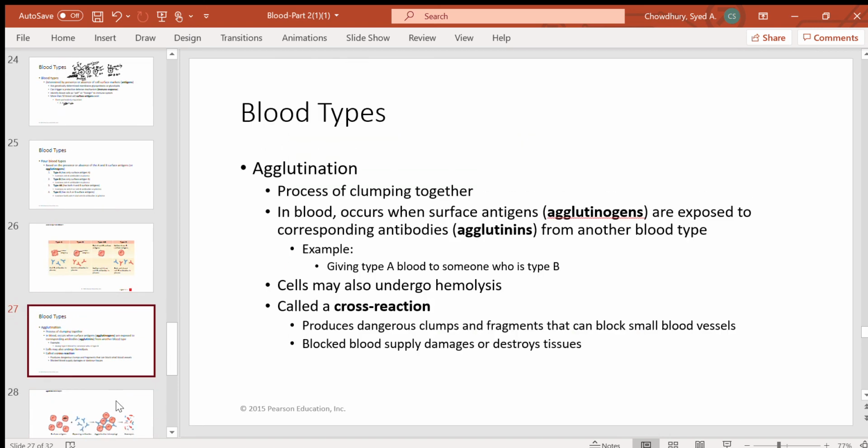So now just remember mismatched blood transfusion, why that is a problem. When we do blood transfusion, you must remember 2 things.